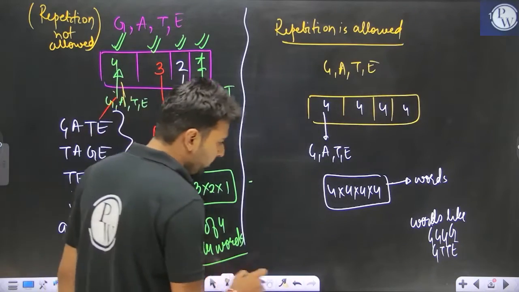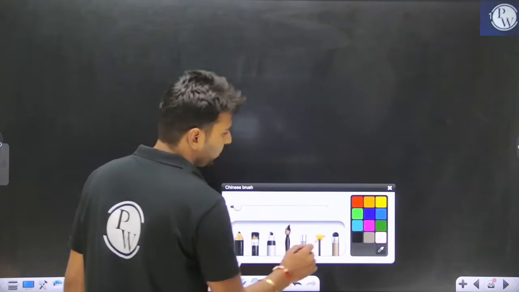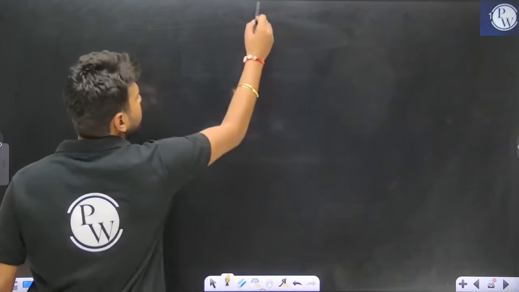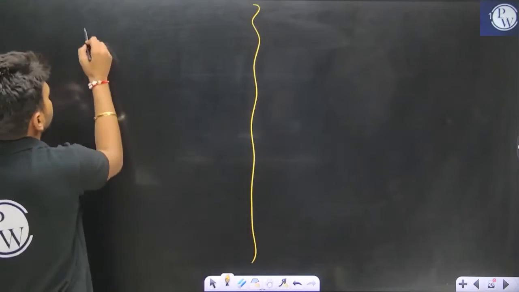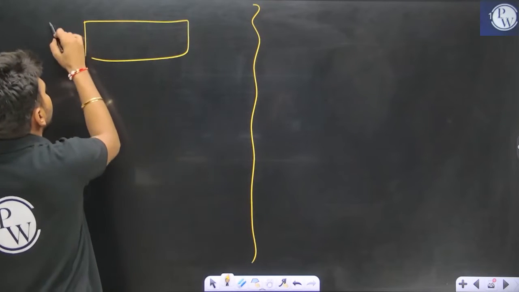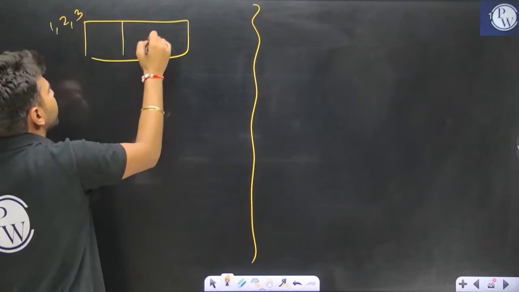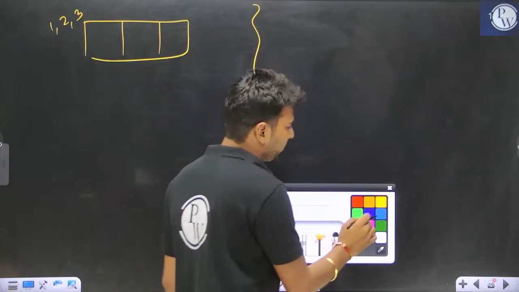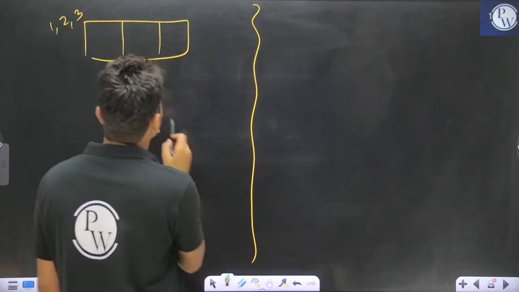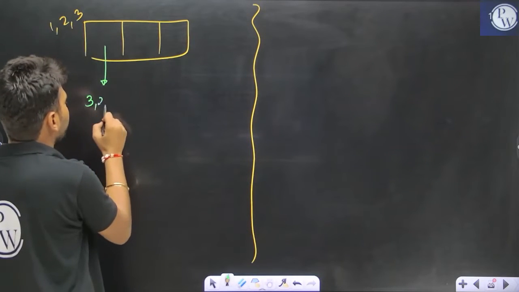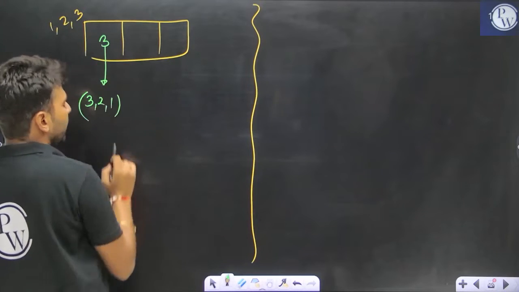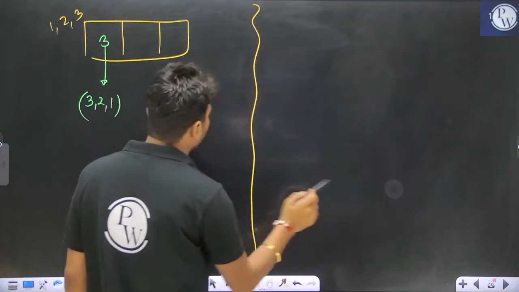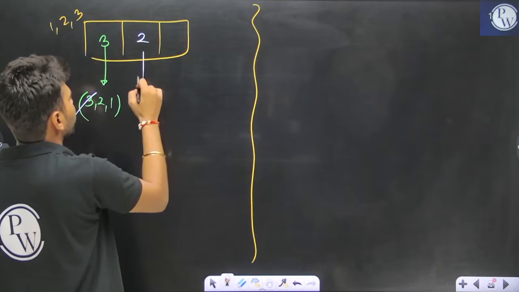Now these kind of problems can be there in numbers as well. Let's say I have given you digits like 1, 2, 3 and I have asked you how many 3 letter words you can form. So over here, in order to fill this place, we have 3 choices. If I am saying that repetition is not allowed, this place can be filled in 2 ways, either by 2 or 1.